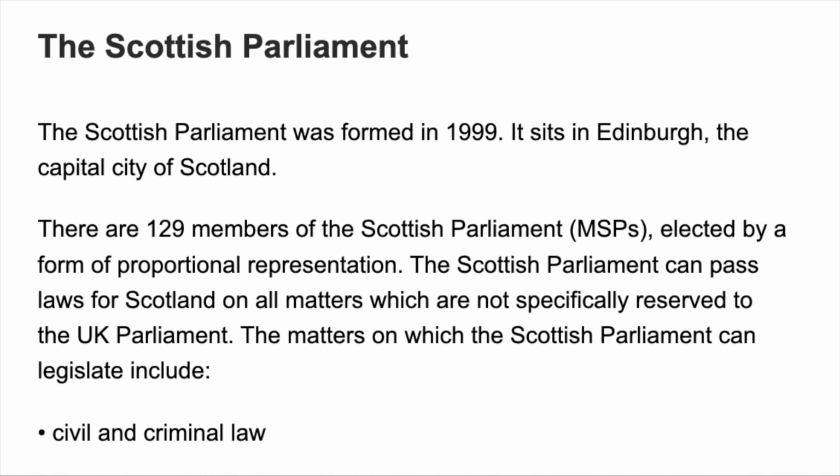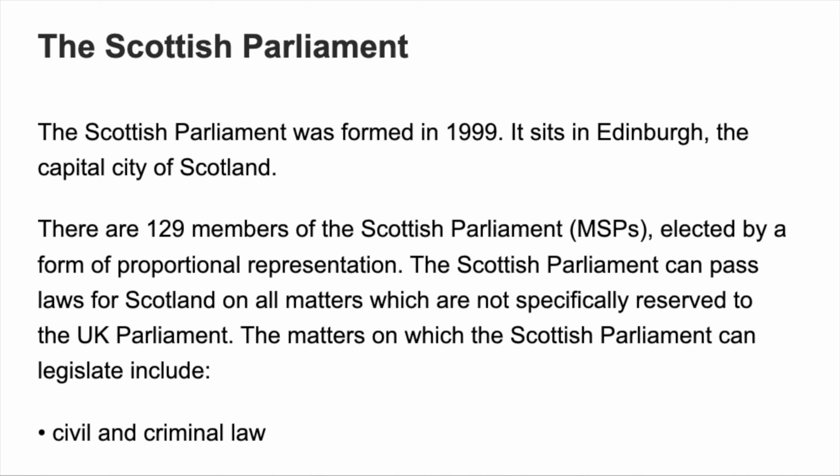The Scottish Parliament. The Scottish Parliament was formed in 1999. It sits in Edinburgh, the capital city of Scotland. There are 129 members of the Scottish Parliament elected by a form of proportional representation. The Scottish Parliament can pass laws for Scotland on all matters which are not specifically reserved to the UK Parliament.